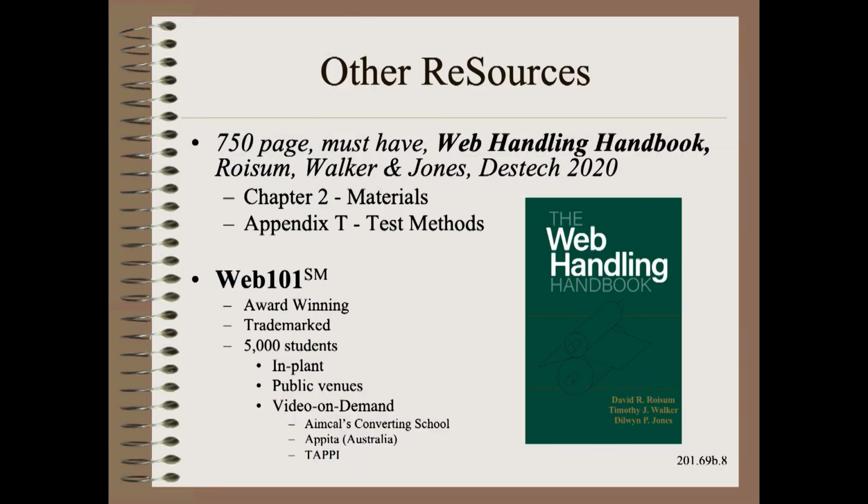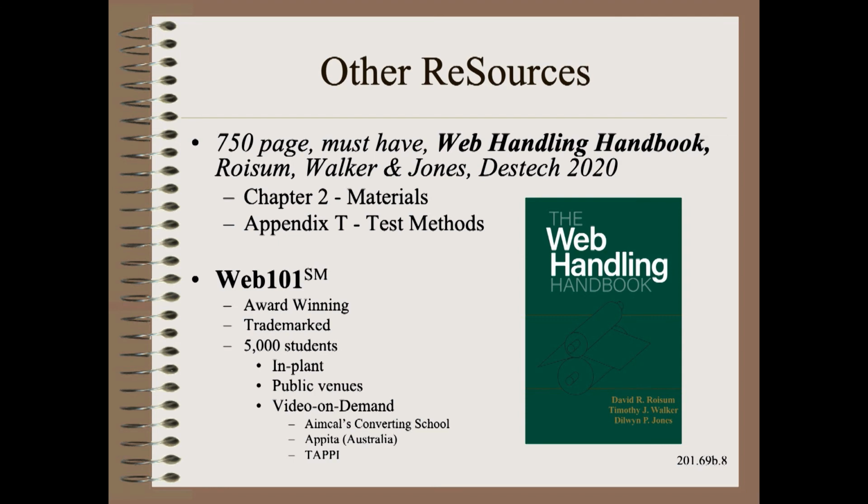There are two starting points to learn more about material behavior in testing. The first is the must-have 750-page Web Handling Handbook. We have an entire chapter on material properties and many pages of test standards in Appendix T that would be useful for quality control, troubleshooting, and web handling work.